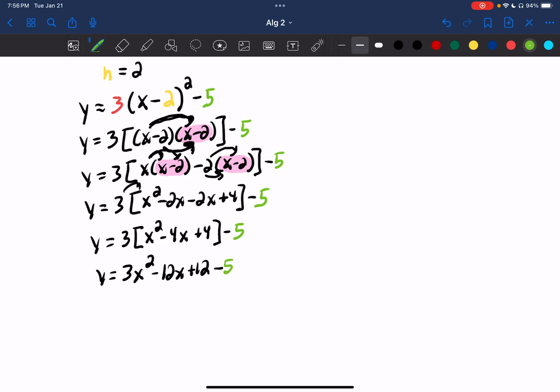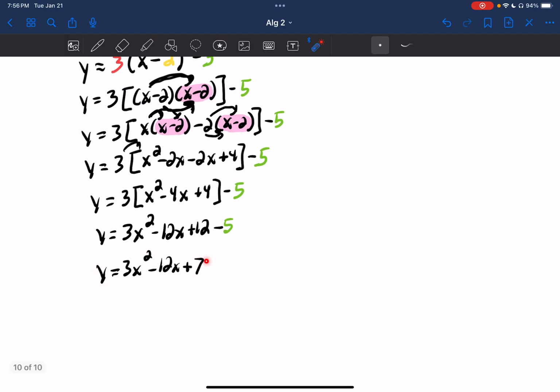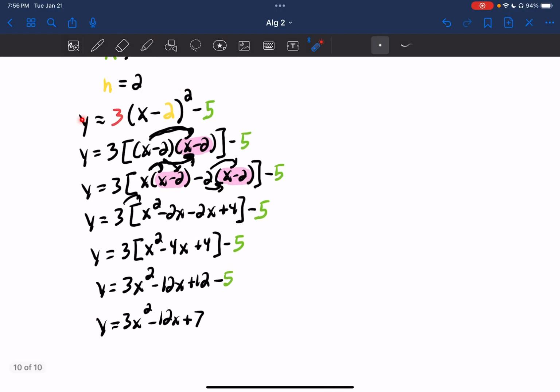So 12 minus 5 would give us 7. So our standard form would be 3x squared minus 12x plus 7. And this is the standard form when the vertex form looks like this.